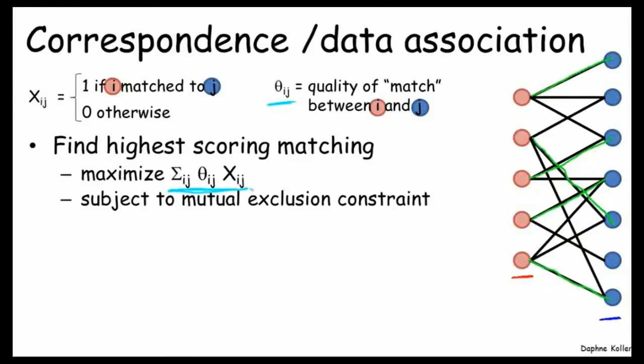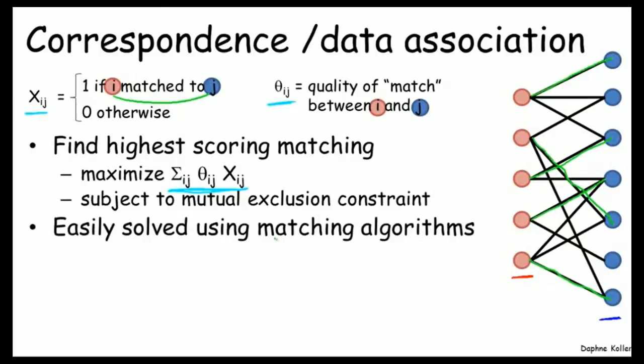We constrain the variables xij, these binary variables that indicate whether i is mapped to j, via the mutual exclusion constraint that we discussed earlier. Now, this type of problem is easily solved using bipartite matching algorithms developed in computer science theory.